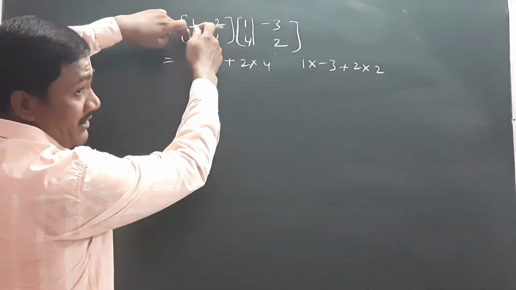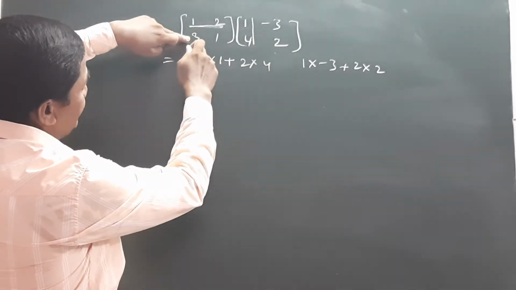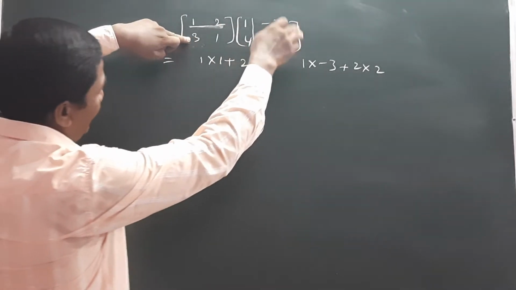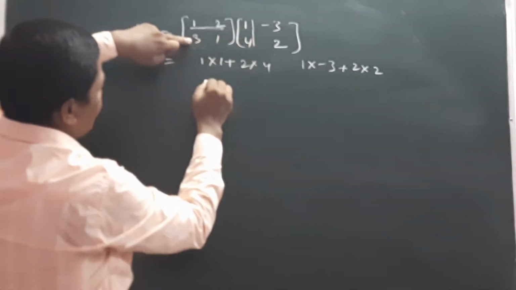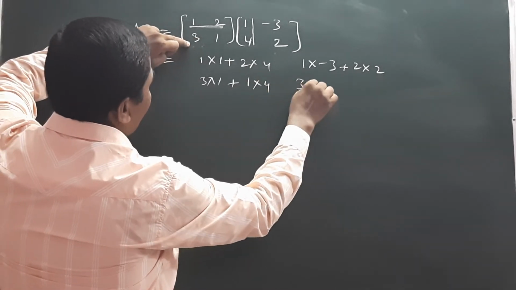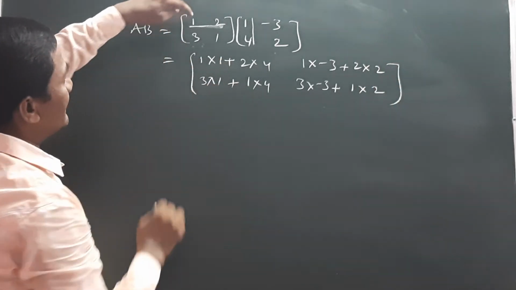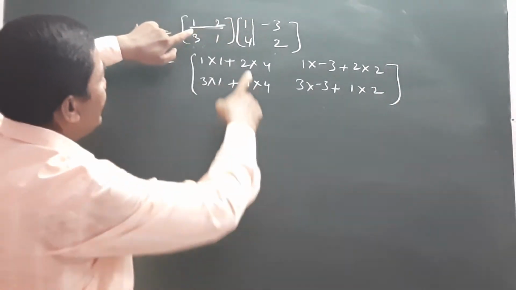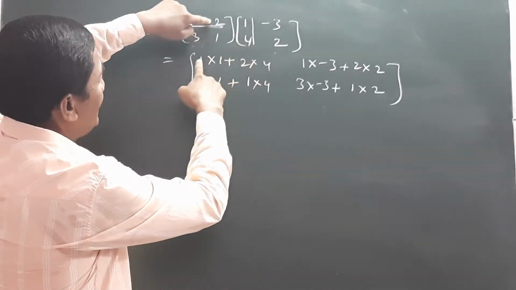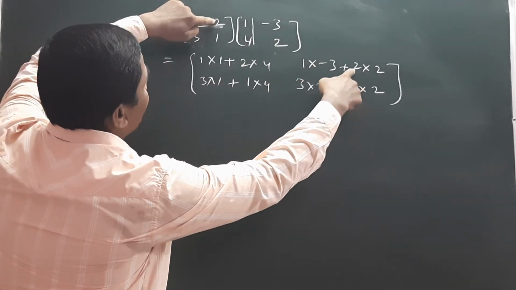So the first row is multiplied with the first and second columns, and then the first row is complete. Similarly we take the second row and multiply it with the first column and second column of the second matrix: 3 into 1 plus 1 into 4, and 3 into -3 plus 1 into 2. Once again, first row into first column is 1 into 1 plus 2 into 4, and 1 into -3 plus 2 into 2.